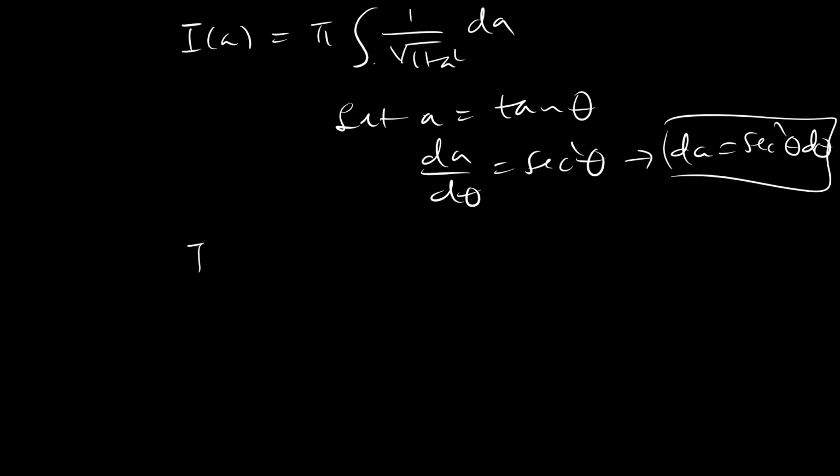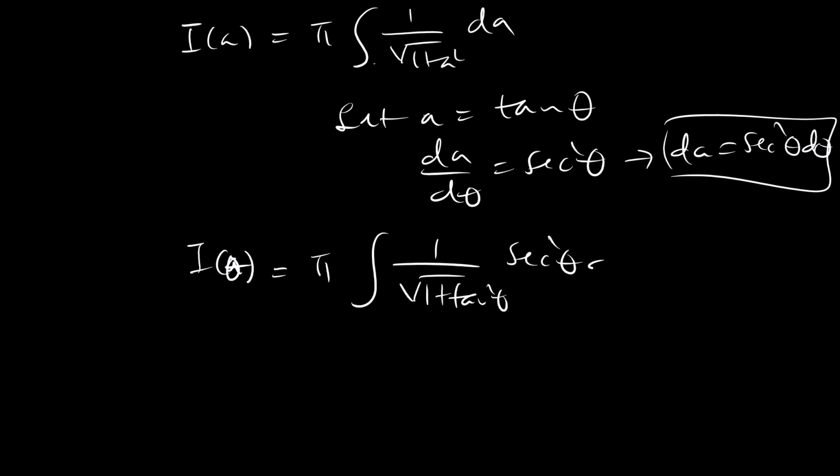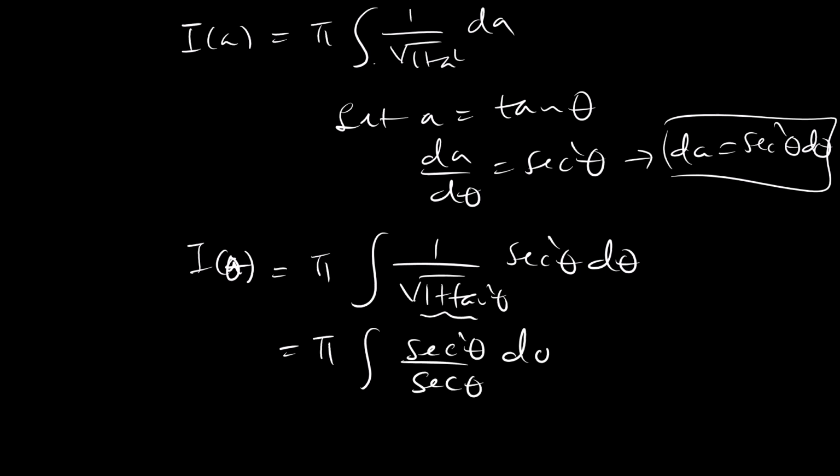And so I(a) will be equal to, let's use theta for now, pi times the integral of sec squared theta over the square root of 1 plus tangent squared theta d theta. This is sec squared theta over sec theta, so that equals pi times the integral of sec theta.